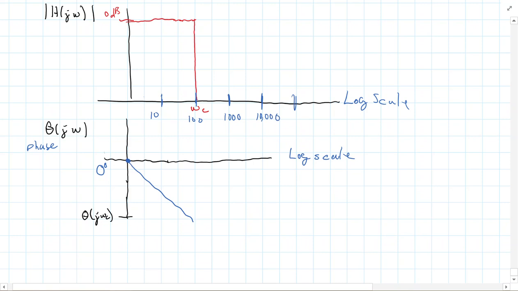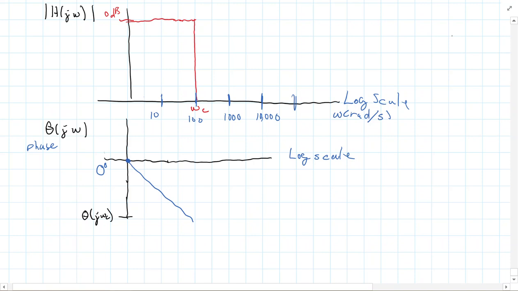So each tick mark that you put linearly here is actually an exponential gain, a magnitude of 10. Now, the thing to remember is that this is omega, so this is in radians per second. This is not hertz. If you plot this here, j omega, it's in radians per second.